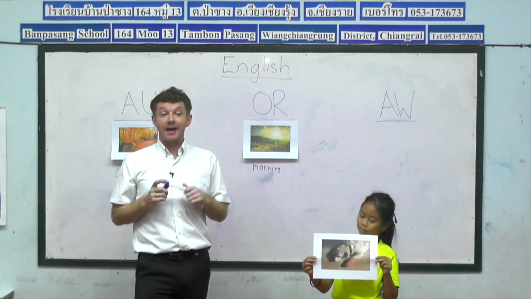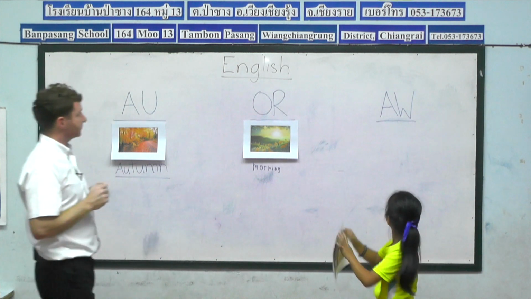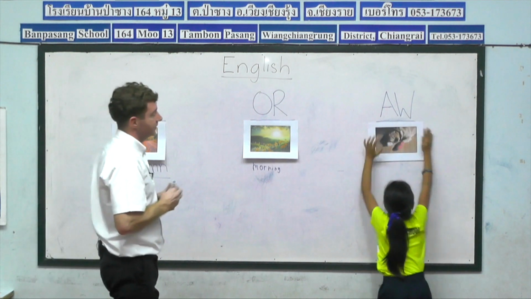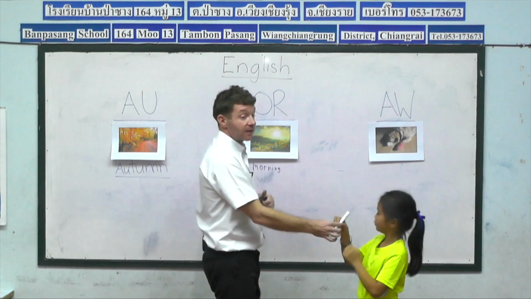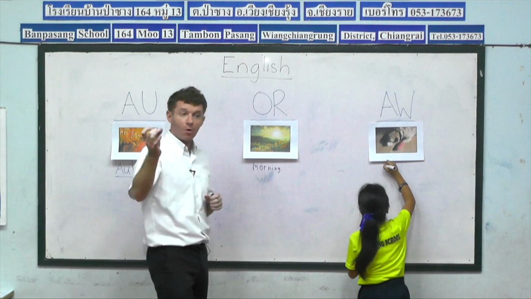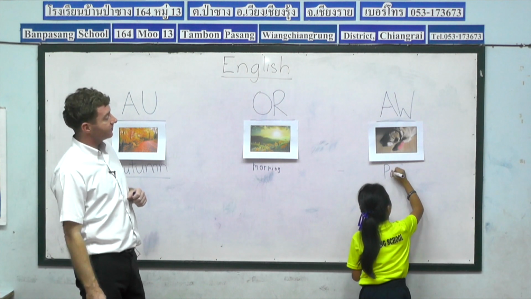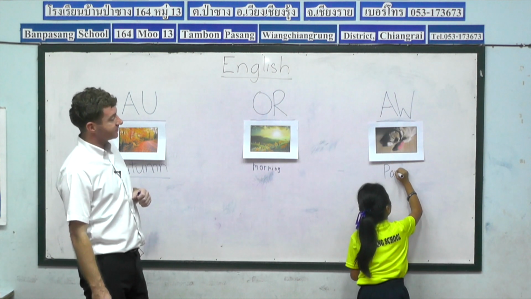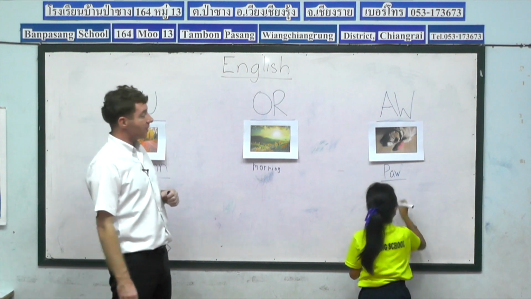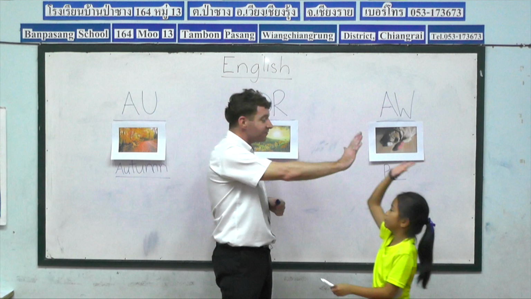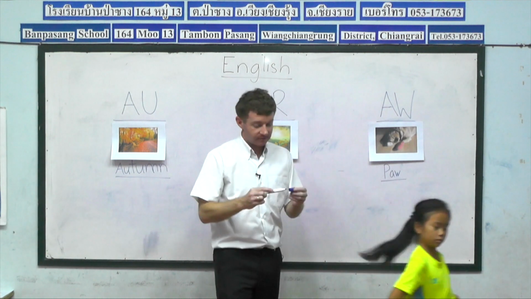P. Correct. So which side of the board will paw go on? It will go there. And now Prel will demonstrate how to spell and write the word paw. P-A-W. Excellent. So all together, paw. Excellent, Prel. High five. Big round of applause for Prel, please, guys.